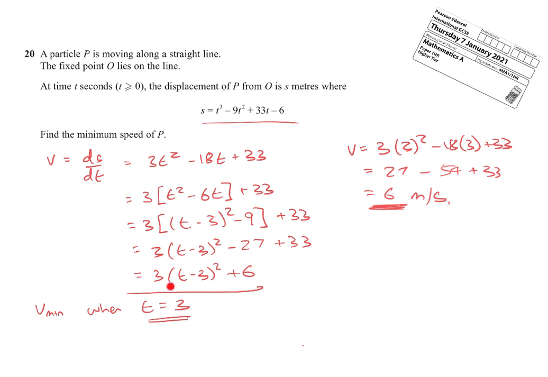And once you get to your completed form, then you work out the minimum value and then check which formula you want to use and substitute that back into. Do I want the minimum speed, which is this formula, or do I want to know at what time it is at the minimum speed, or what distance it is at the minimum speed, in which case I would put it into this equation here.